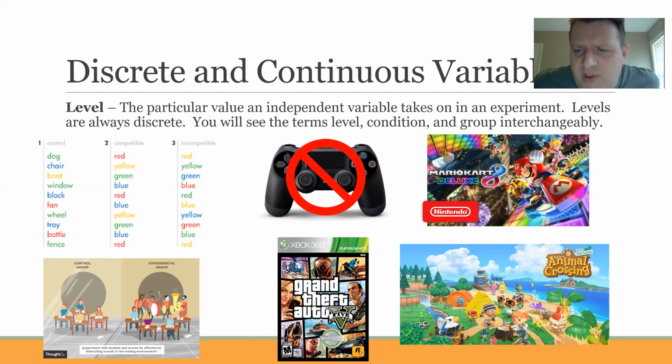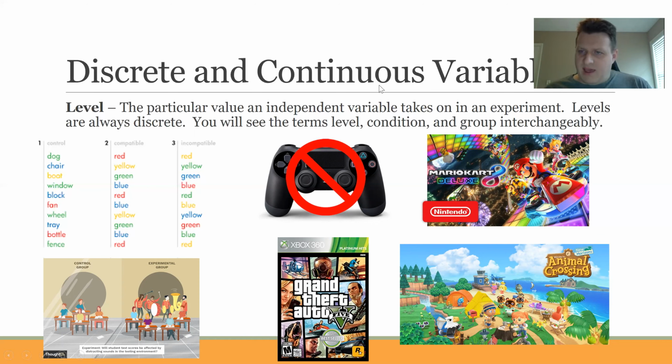How about if we're interested in something like, do video games cause aggression in human beings? So maybe we have an experiment where we get people to participate in 1 hour of playing a video game, and then we have some measure of aggression. And let's say we either have them play no video games, so this might be our control group.